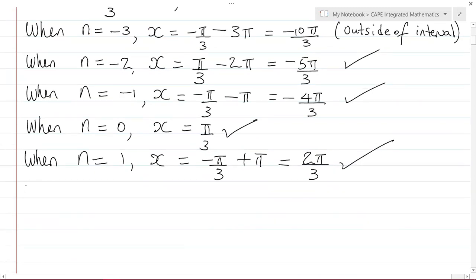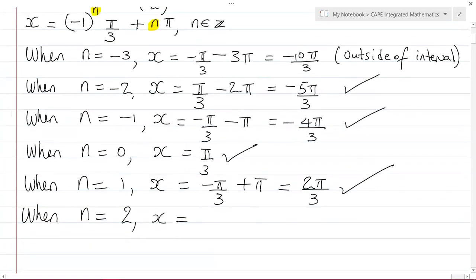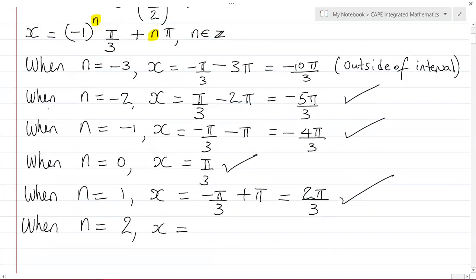So I'm going to try one more. When n equals 2, x is going to be equal to what? Substituting n as 2, we have -1 squared, which gives +1, multiplied by pi over 3, which gives pi over 3, plus n pi, n is 2, so that's plus 2 pi.